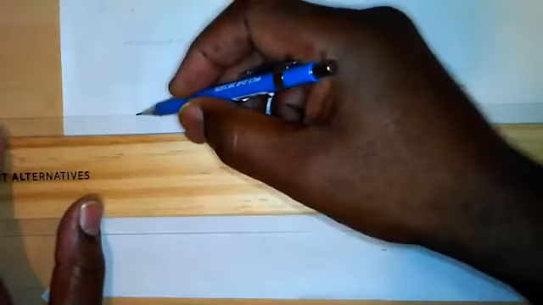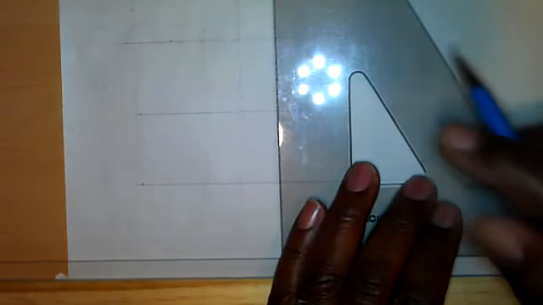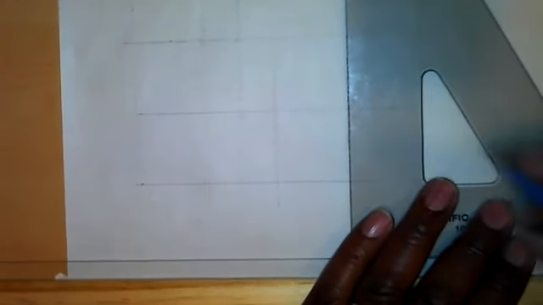Good. So now I can bring my T-square up. And then I can just extend this line down, and extend this line down.